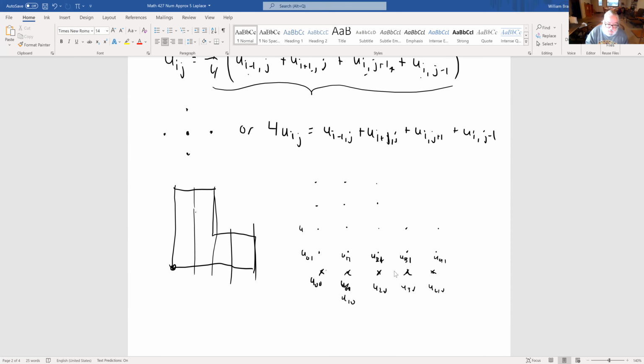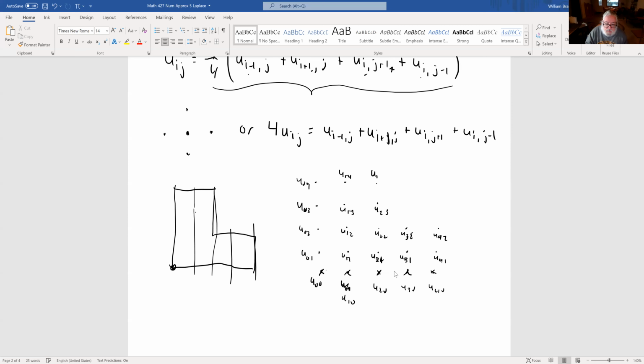And this is U02, and then U12, U22, U32, and then U42. First number should be X and second number should be Y. So this would be U03, U13, and U23.